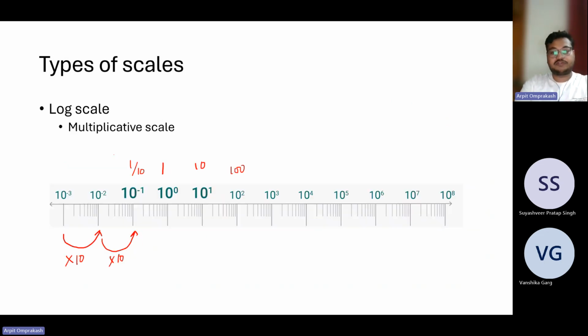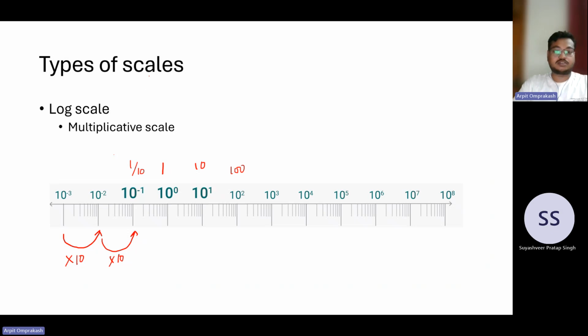But in a similar kind of space on the log scale, what we can cover is much larger, orders of magnitude larger. We are going from 10 raised to minus 3, which is 1 by 1000, to 10 raised to 8, which is somewhere around a hundred million. In the log scale, all these minor markings, as you might note, are not equidistant to each other.